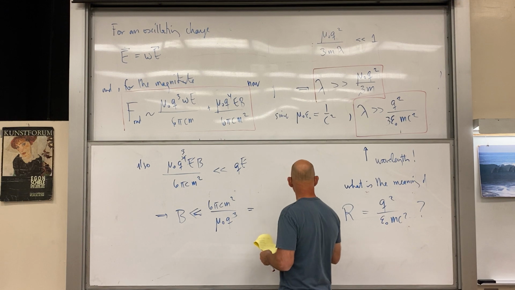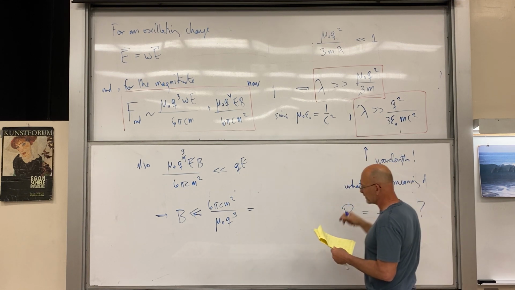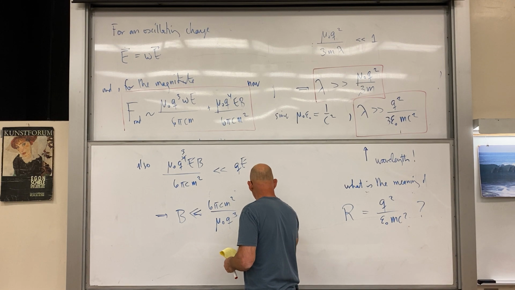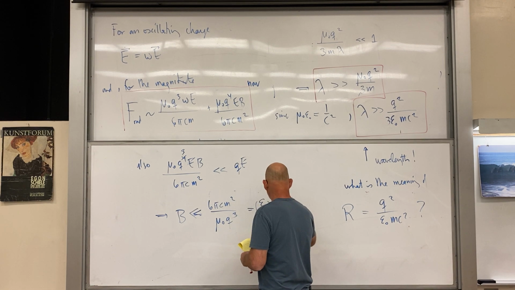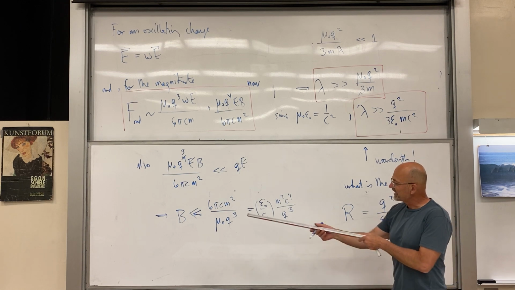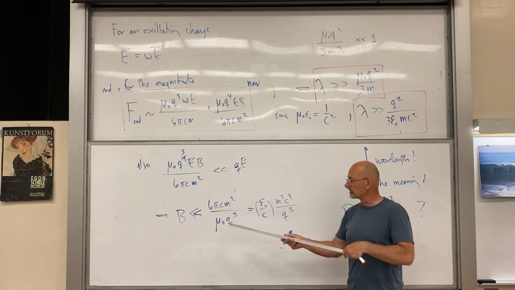And this can be reformulated by the same arguments we had up here as epsilon naught over C M squared C to the 4th over Q to the 3rd. So the magnetic fields can also not be too large. Okay.